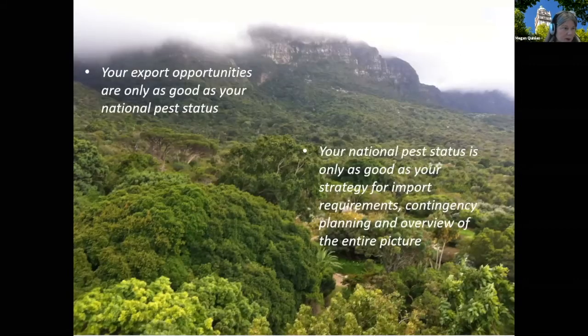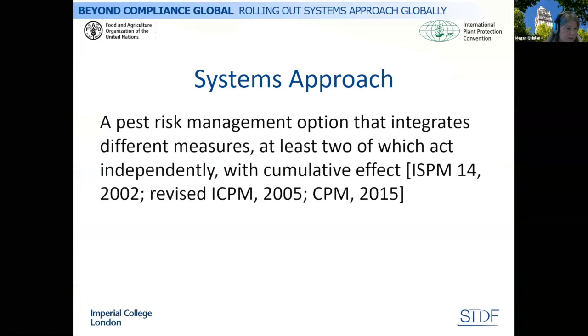And so your export opportunities are only as good as your national pest status for regulated pests. And your national pest status is only as good as the strategy you have for protecting your country with appropriate import requirements, contingency planning, and so forth. So export, trade, and our pest risk management of systems approach is just one part of the bigger picture.